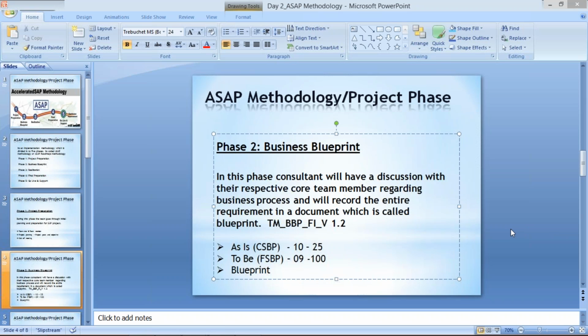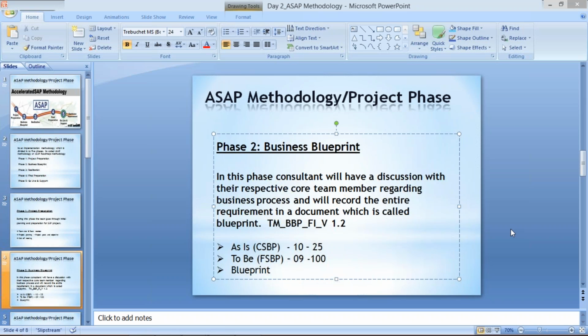Because I'll tell you guys, if you talk about this blueprint phase, these 5 phases that I mentioned are applicable for each and every module, for SD, MM, for every module. And in each and every module, different activities are there. That's what SAP has segregated into different modules.